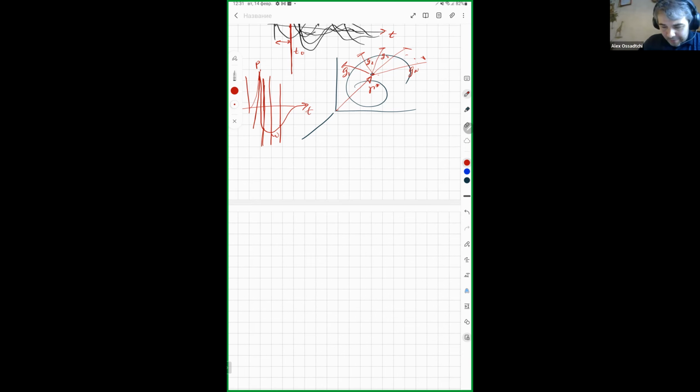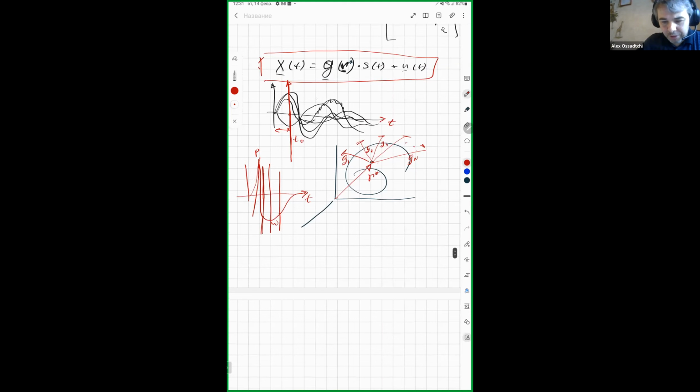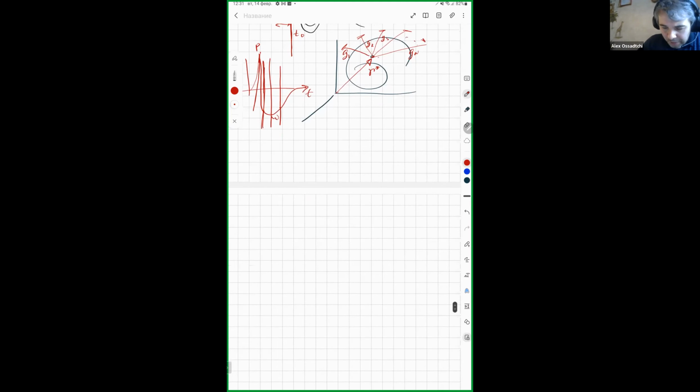So anyway, for simplicity, we just assume that at this time instance we fix the data, okay? We just say that our vector X is your data, and it is produced by some activity of my source, A, multiplied by the topography of the source, right?